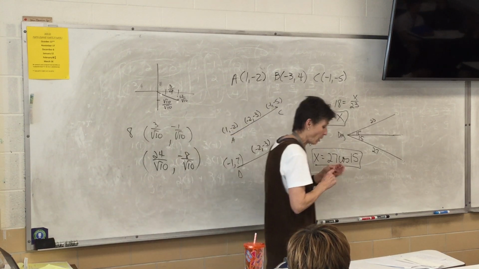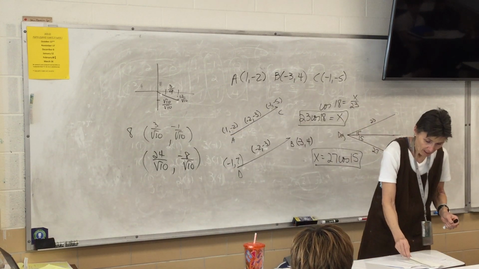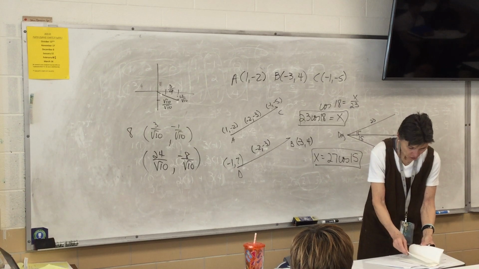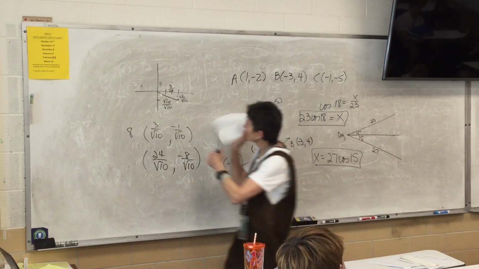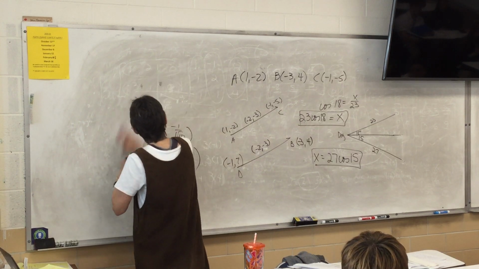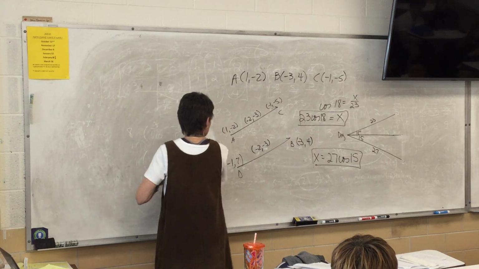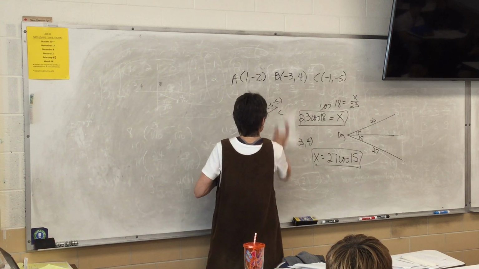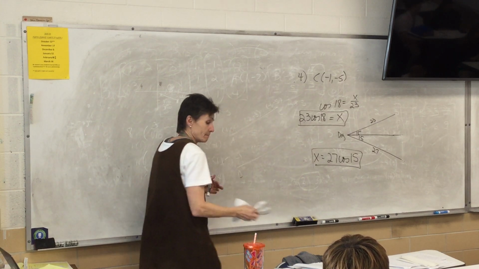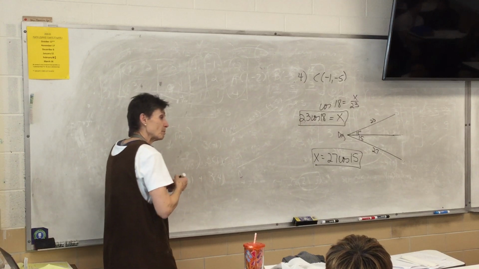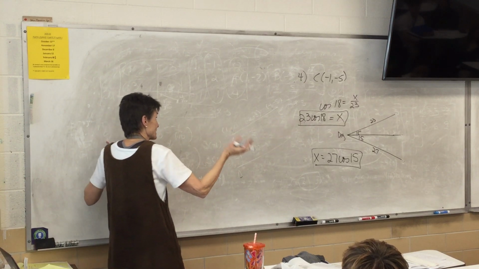You may have been wondering about vector multiplication. Anybody lay awake last night thinking about that? How do we multiply vectors? Now, we know already how to multiply a vector times a scalar.